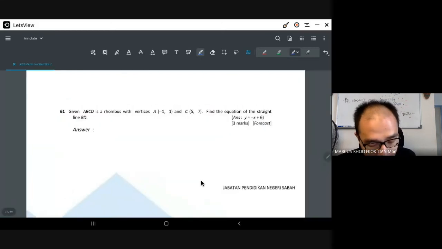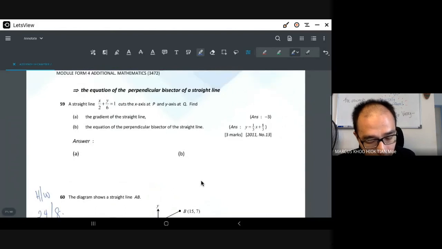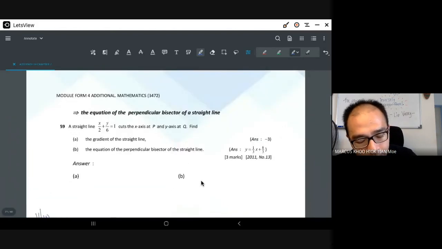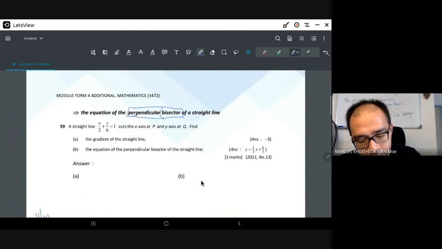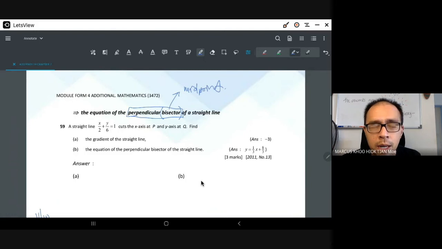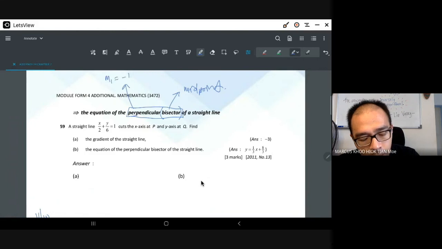Okay, let's take a look at a few more. Now we talk about perpendicular bisector. When we talk about perpendicular bisector, number one, what did I say about the word bisector? Bisector means midpoint. Perpendicular means M1 equals -1 over M2.